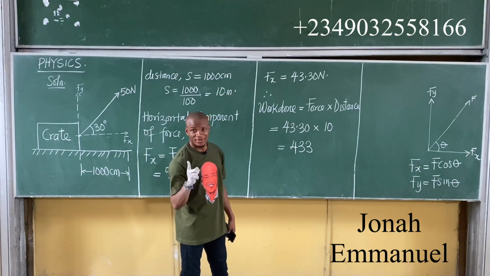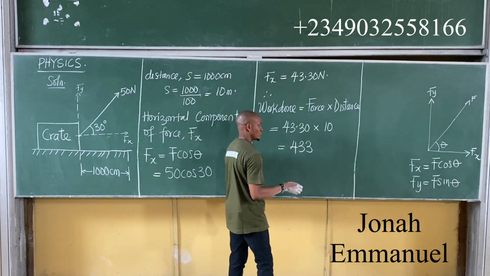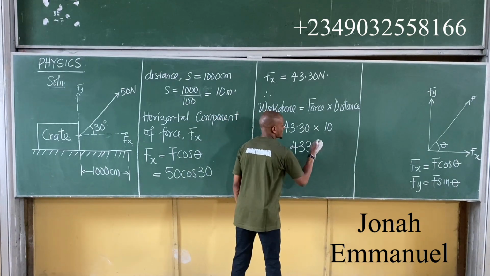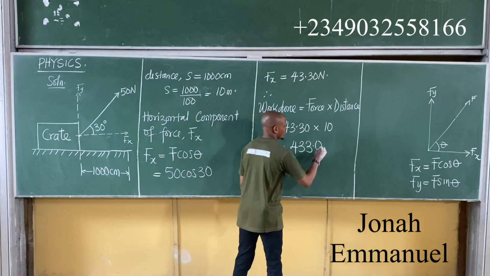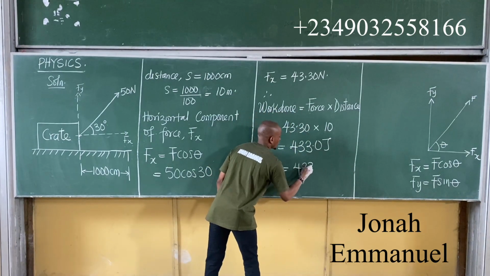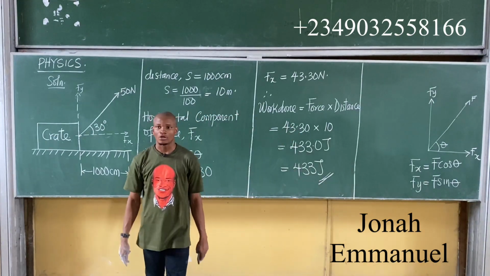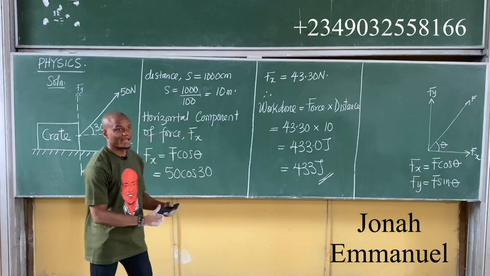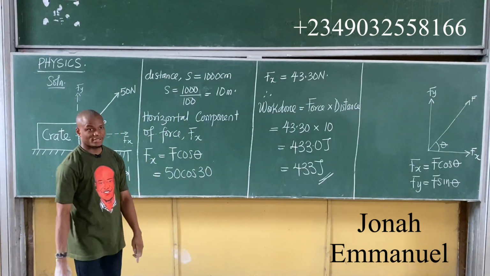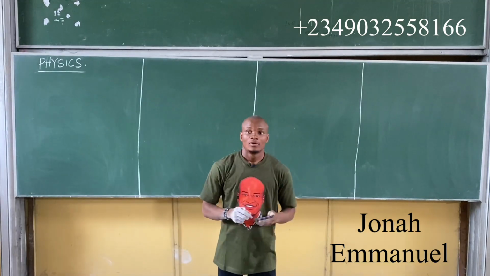Good, that's 433. So the unit is joule. This is equal to 433 joule. So this is the amount of work done in moving the crate by 1000 cm. That's how you solve this question.